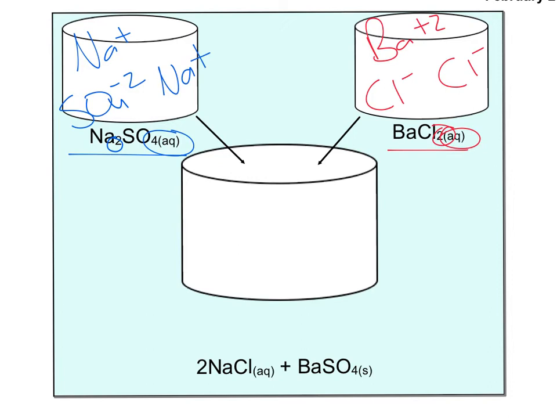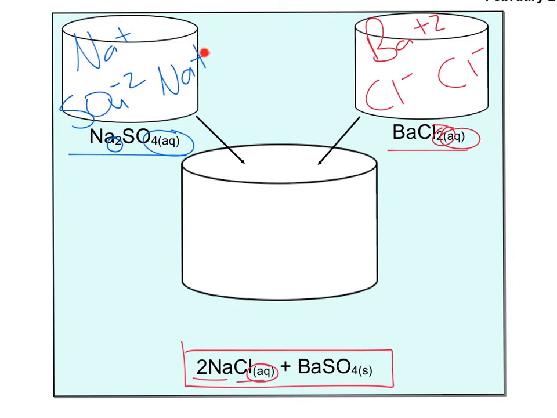Now, when they get mixed together, we have our products from the previous equation, and this is what gets put into the beaker. Notice I have 2 sodiums and 2 chlorines that are aqueous.